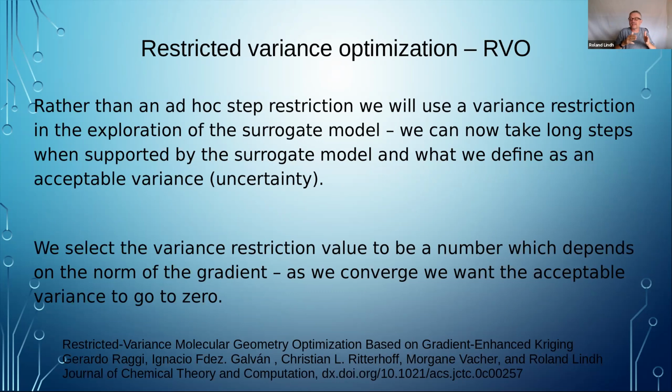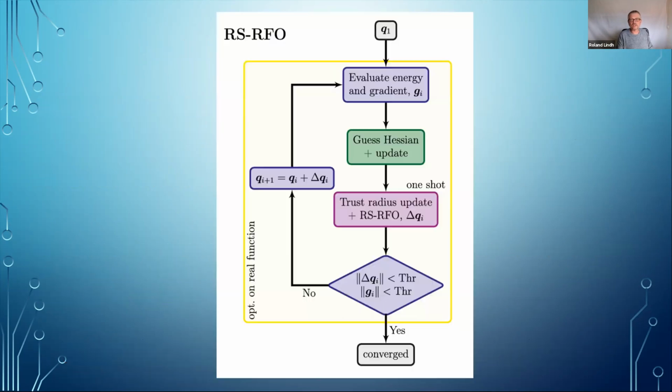We're saying that any displacement is acceptable as long as we can be confident in the accuracy. So in this respect, we do not subject the displacement to a geometrical constraint, but to a variance constraint. That's why we call it a restricted variance optimization.